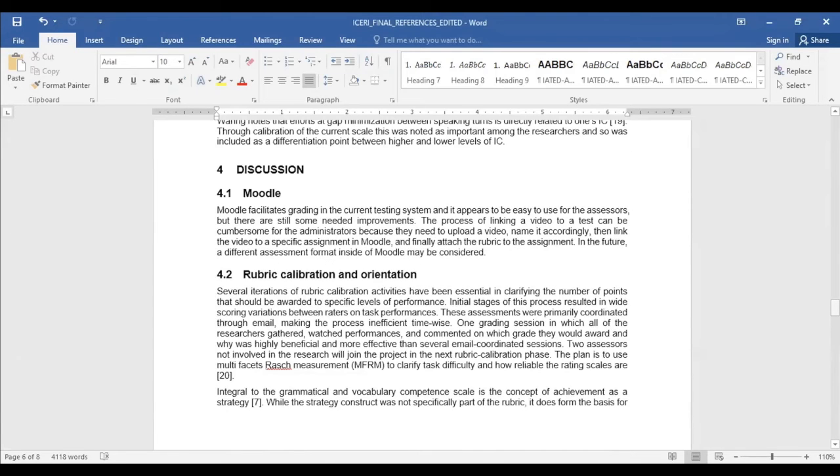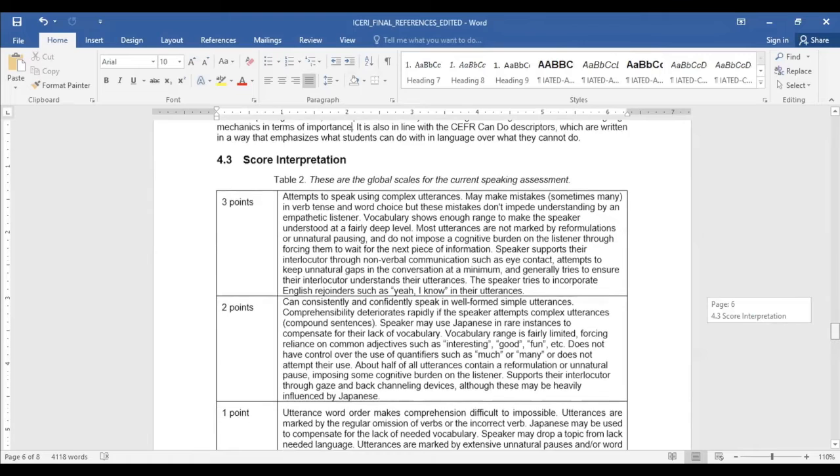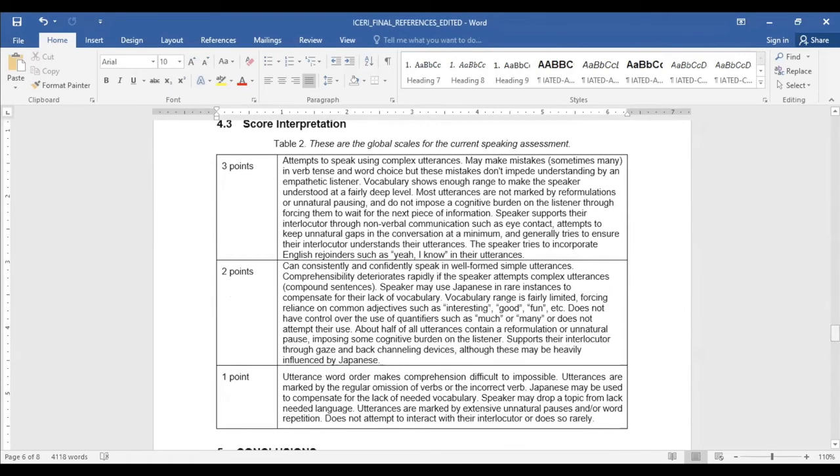So this is actually out of a paper that we wrote. Let me just go through it. The rubric is actually 3 points, and can you see that clearly? Can you read that? Okay. Yes. So if you look down towards the bottom of the 3 point, I'm going to try to highlight this for you. Speaker supports their interlocutor through nonverbals such as eye contact, attempts to keep unnatural gaps in the conversation at a minimum.